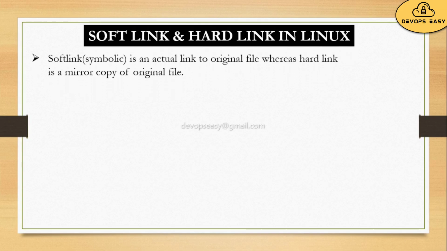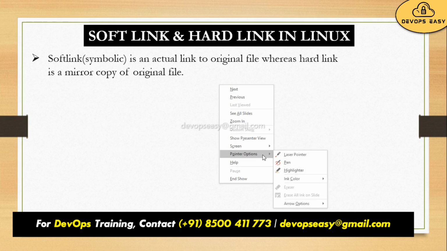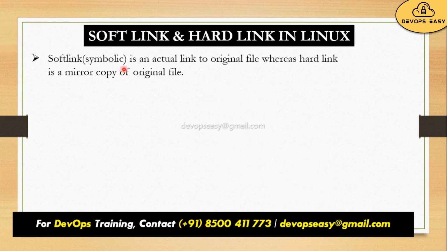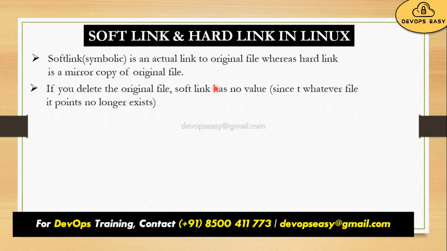So soft link is an actual link to the original file. I told you, right? Shortcut. So soft link is an actual link to the original file, whereas hard link is a mirror copy of the original file. So what is the difference between the soft link and hard link? I will show you practically. You don't need to worry. In the soft link, if you delete the original file, the soft link has no value because it's a shortcut, right?